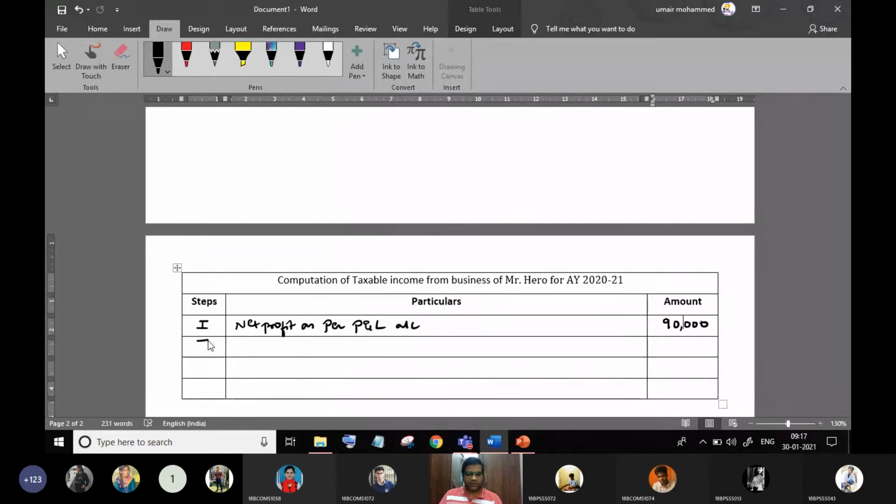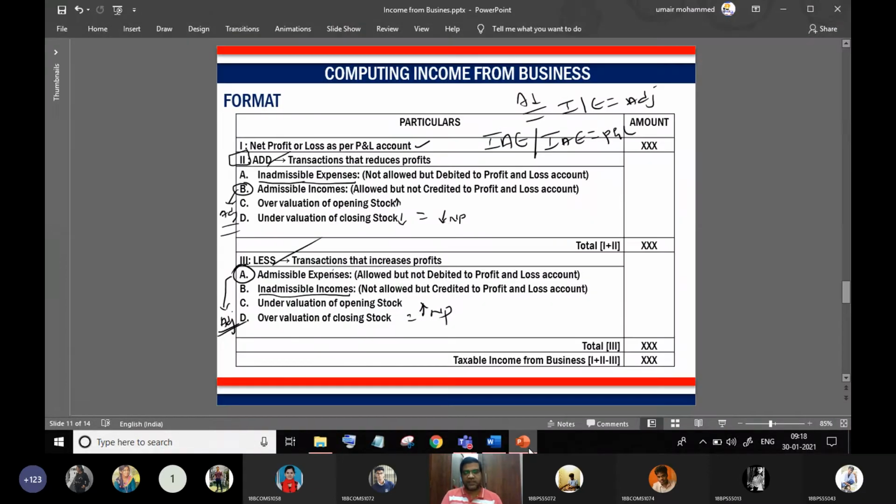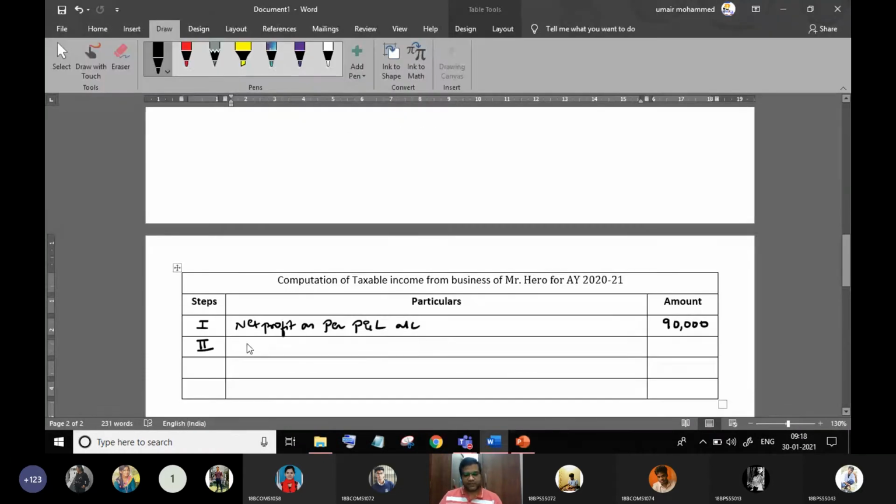Now, what's the second step? As per the format, the second step is to add all those transactions that reduce net profit. So add transactions that reduce net profit.